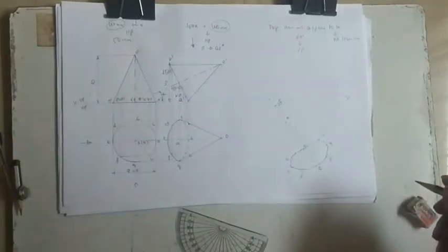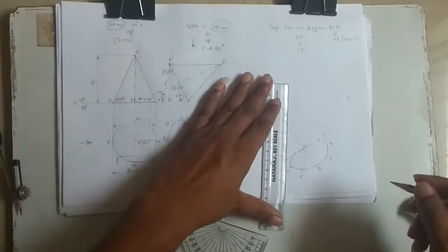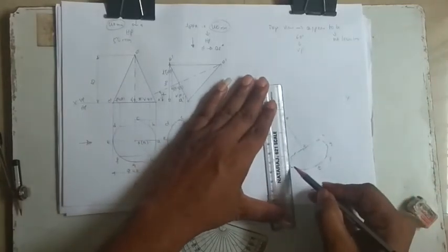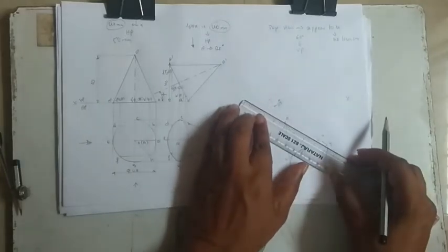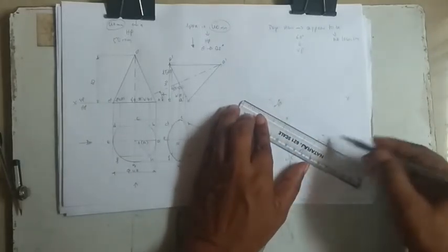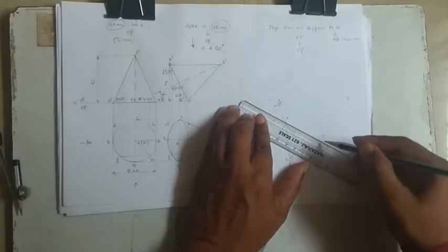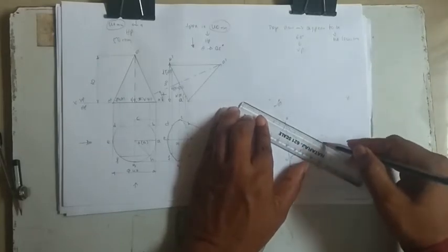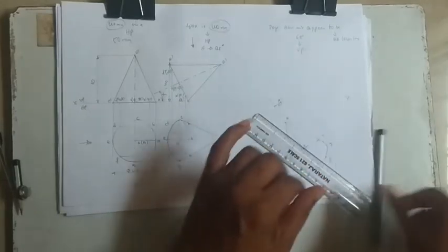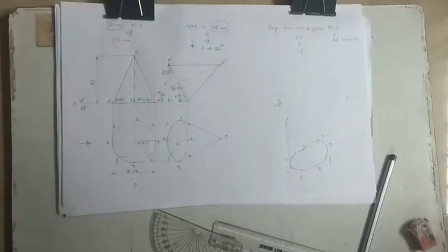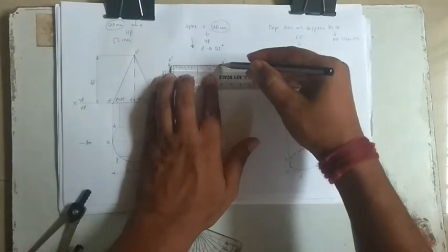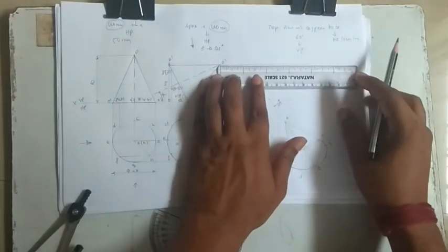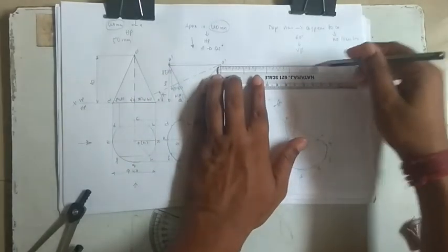Alright, so now just drop a tangent. Now just take the uppermost projection, that is O. So just take the uppermost a little bit right side.